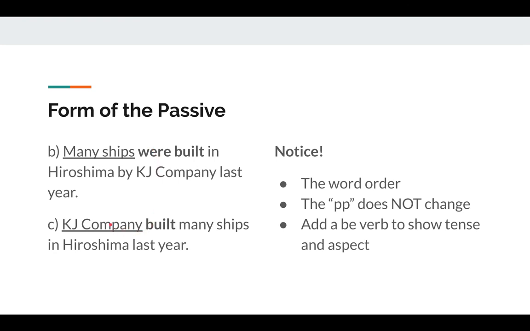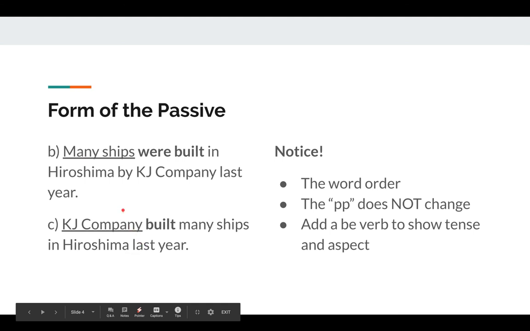So KJ Company is 1, and in simple past, we don't show S. But here, many ships were built. We need to change this to were; many ships was built is incorrect. Okay. So that's basically the form, right? It's still subject verb, but here we change the order of the words.